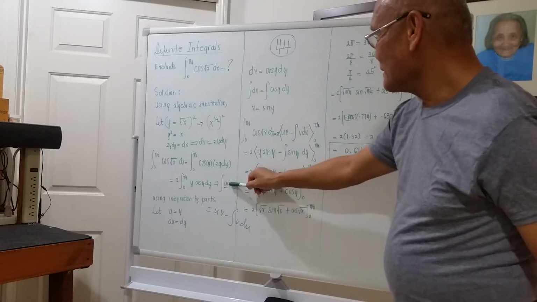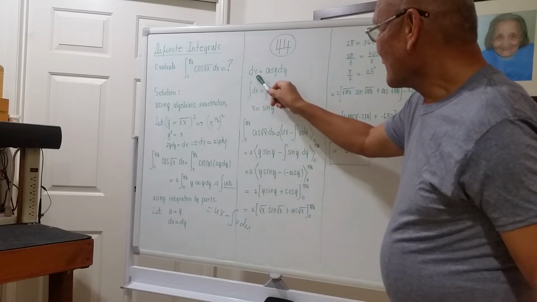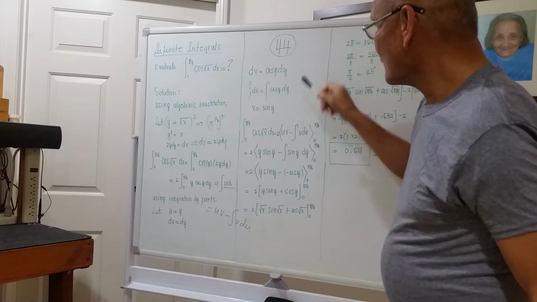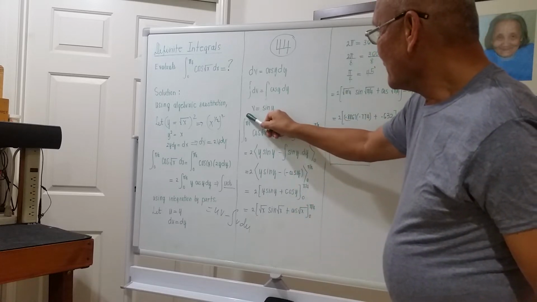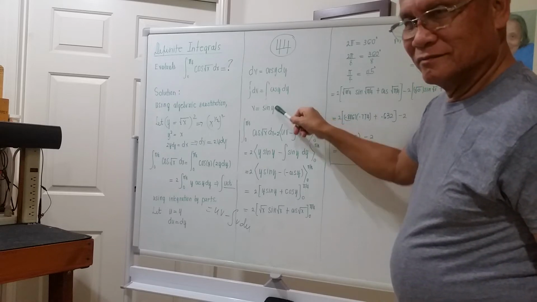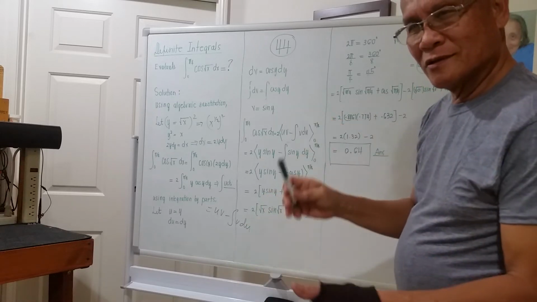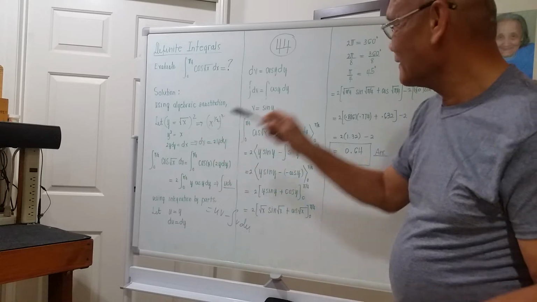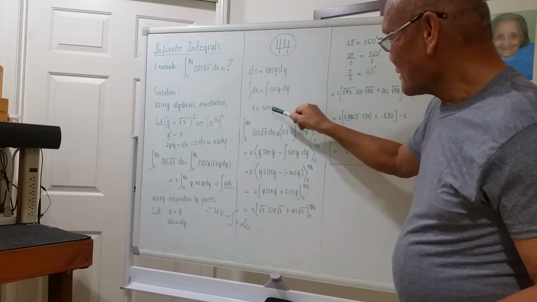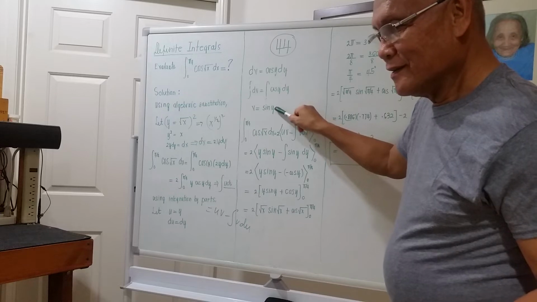We are following this. Therefore, integrating both sides, the integral of dv equals the integral of cosine of y dy. v now will be equal to the integral of cosine, which is sine y, because if you take the differential of sine, it will be cosine. That's the answer, right? So the integral of cosine of y is just sine of y. Okay?